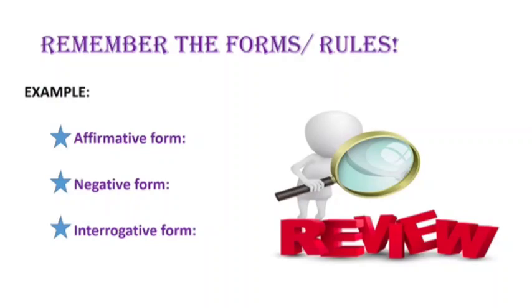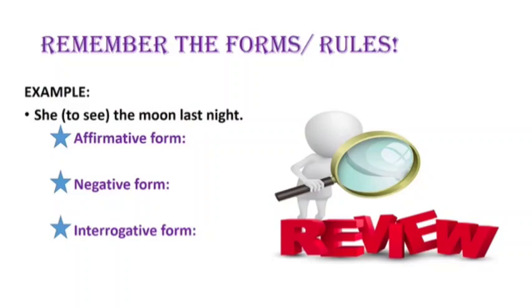Remember, we have three forms: affirmative form, negative form, and interrogative form. So today we're going to work with one example, which is she to see the moon last night. Look, to see is an irregular verb, so we are not going to add ed at the end.